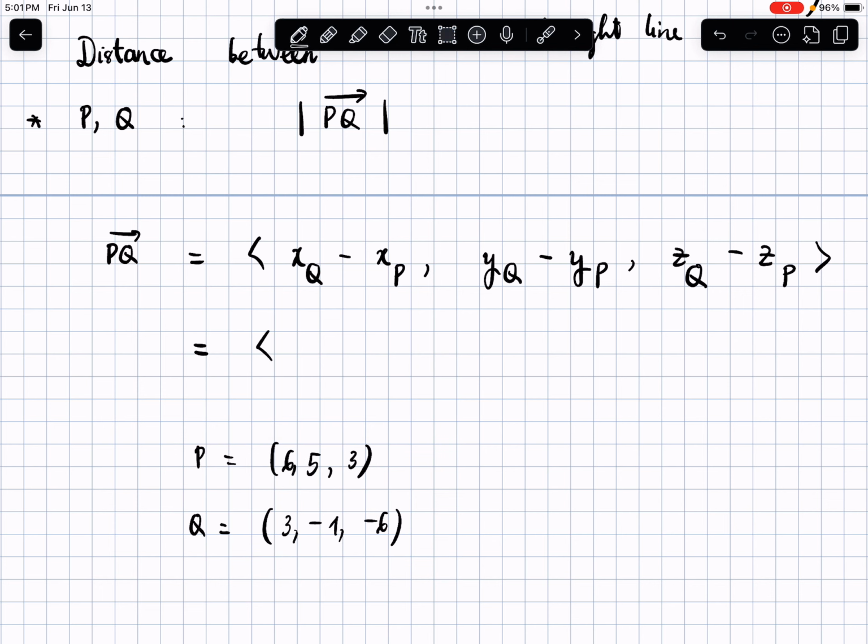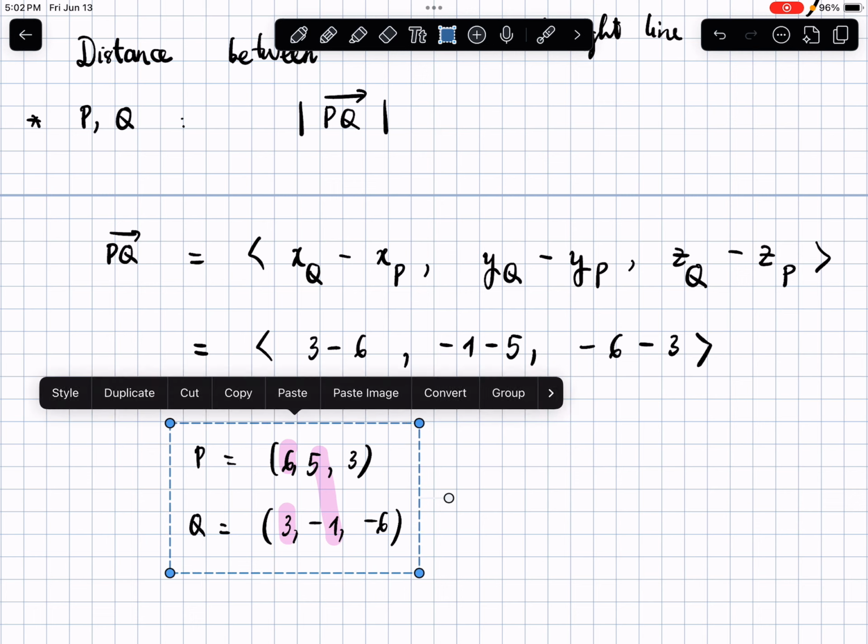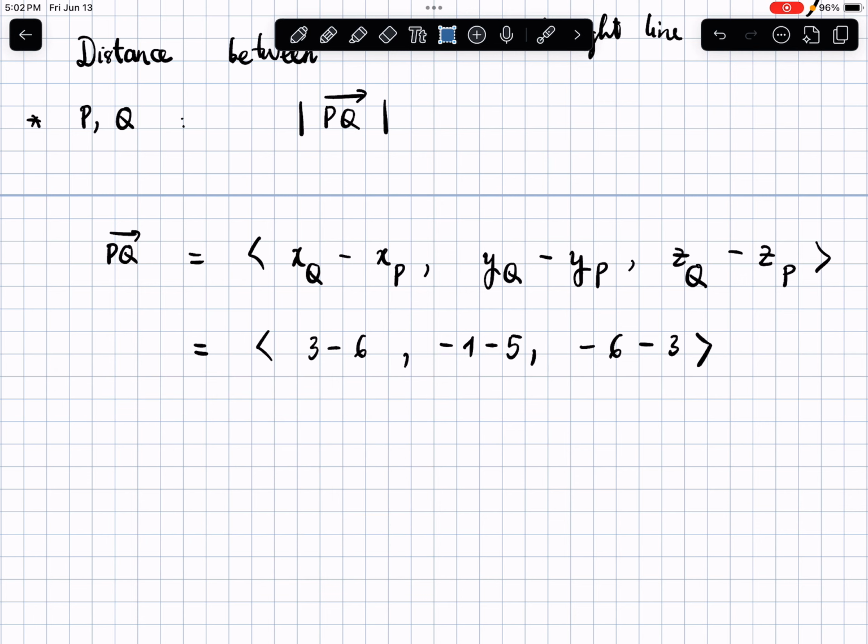Q is 3, minus 1, minus 6. So 3 minus 6, minus 1 minus 5, minus 6 minus 3. This gives us minus 3, minus 6, minus 9.